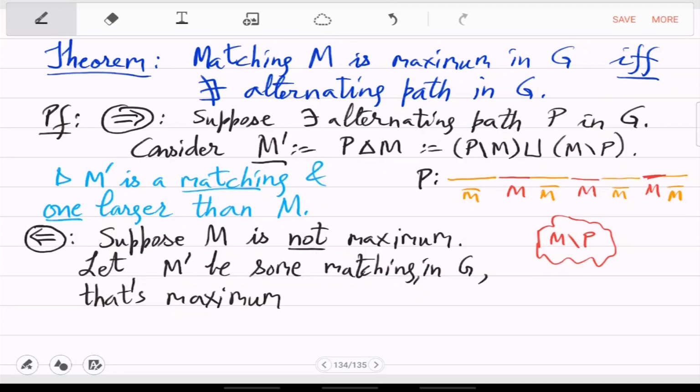Now note that from our examples, there may be simply no relationship between the maximum matching M prime and the not maximum matching M. They can be completely different. So at this point, how do you propose to find an augmenting path? M is a matching which is small, M prime is one which is maximum. The goal is to find an augmenting path.